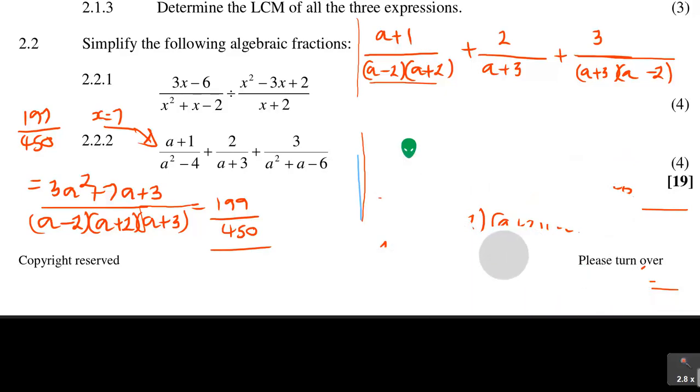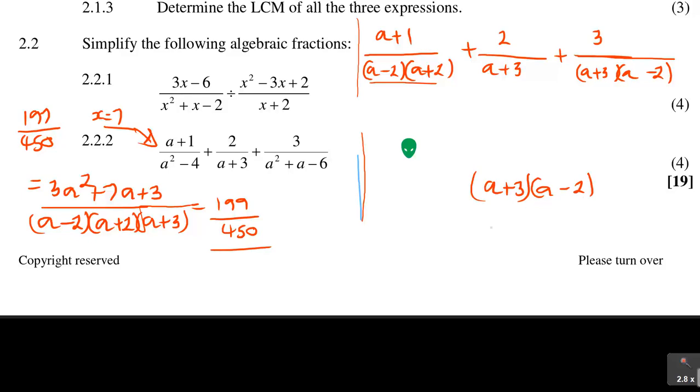Now, as I said, if it's doing that, it forces me now to check everything afresh here, just to make sure I didn't do anything wrong, because at this stage, if I can't find what is wrong, then I need to do everything again. So I've got a minus 2, a plus 2, then I've got plus a plus 3. Here, if I multiply a plus 3, I multiply a minus 2.